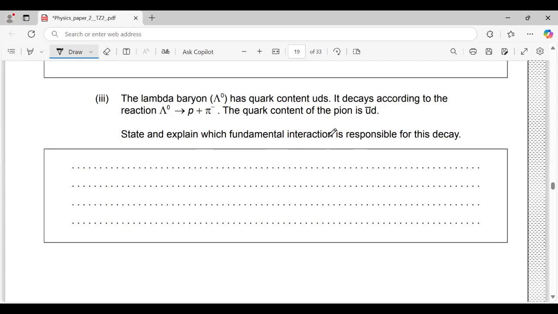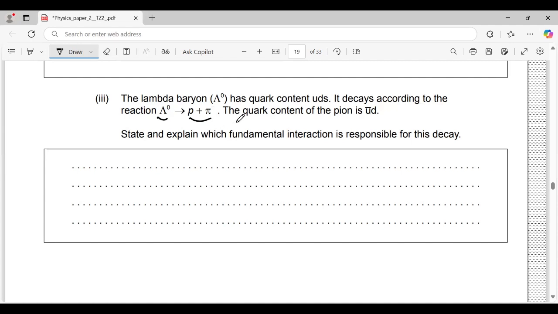If you evaluate this reaction, the initial state becomes the final state: lambda baryon becomes proton plus pion.